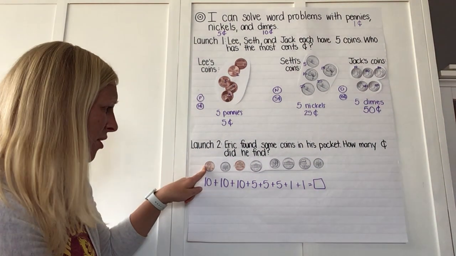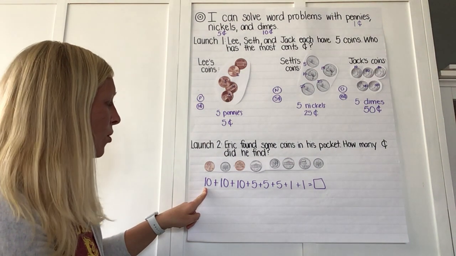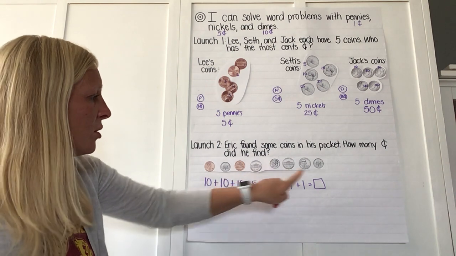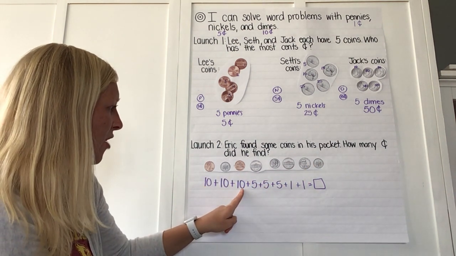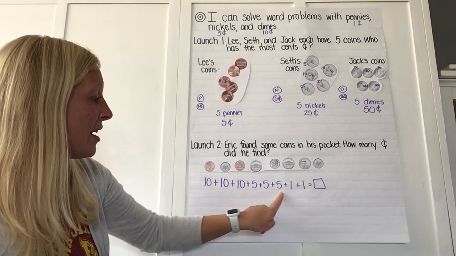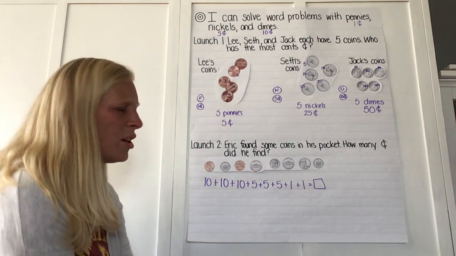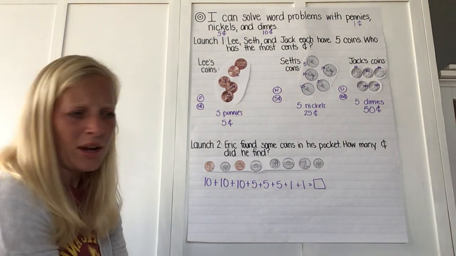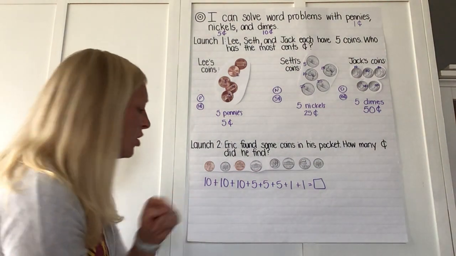Because I see a penny first, and that's not worth 10. 1, 2, 3 dimes, so you put those first. And then where do the 5s come from? The 1, 2, 3, the 3 nickels, and then the 2 pennies. So what did you do first? If this is the equation, what did we do first to help us solve this? What did you do first?